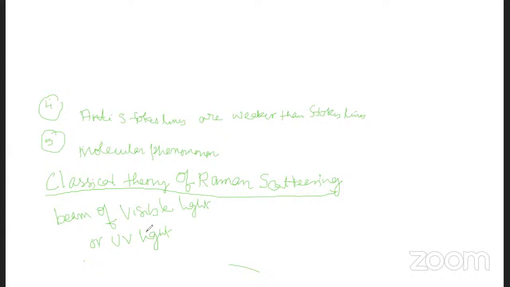That means the incident radiation, whether visible or UV light, is hitting a molecule. What happens is that the oscillatory electric field of the beam induces an oscillating electric dipole moment.